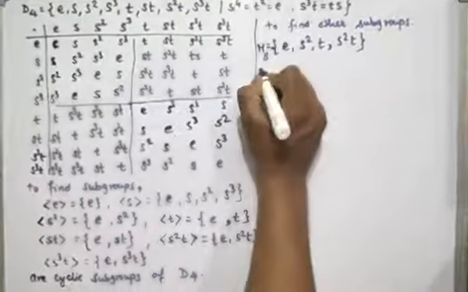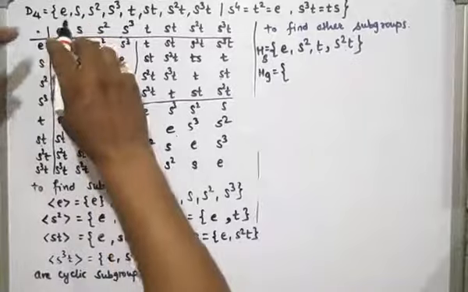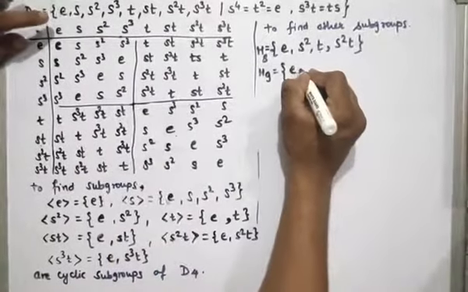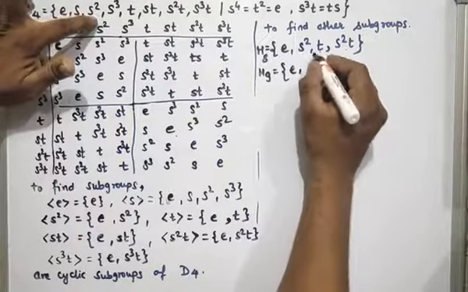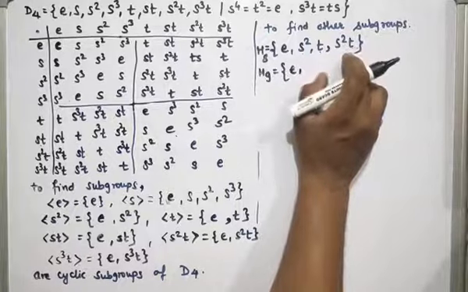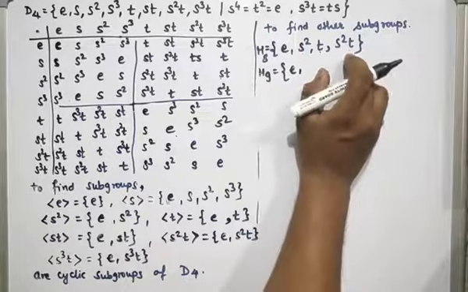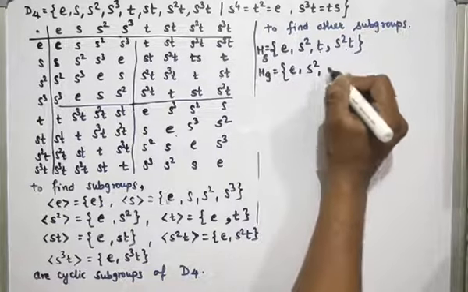Now next subgroup, so I will find out. Next I will write H9. Here I will take identity, S square, T, and S square T, right?